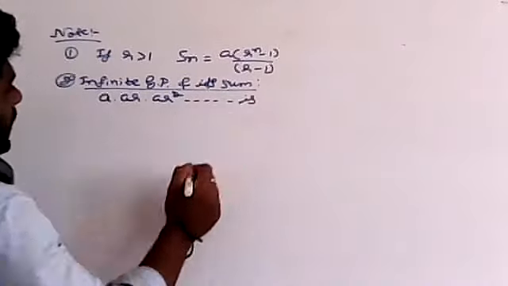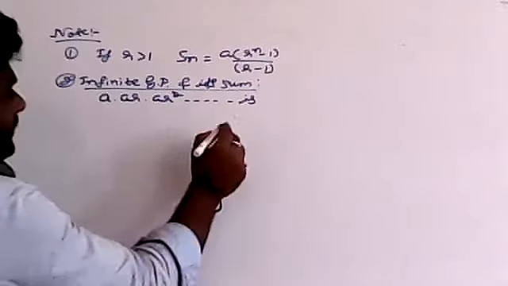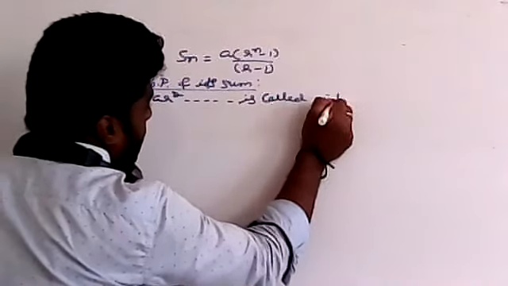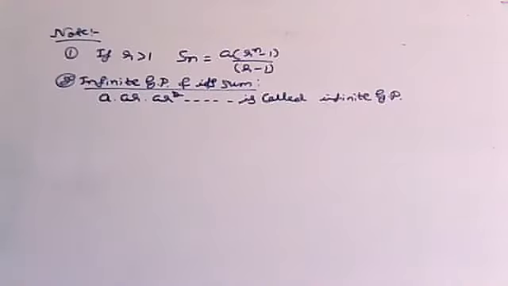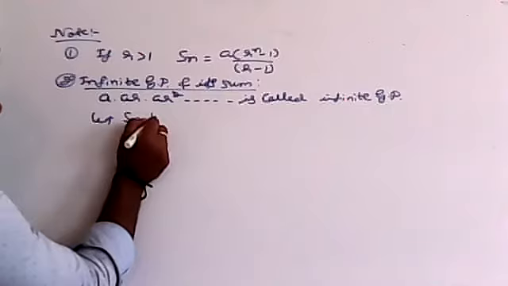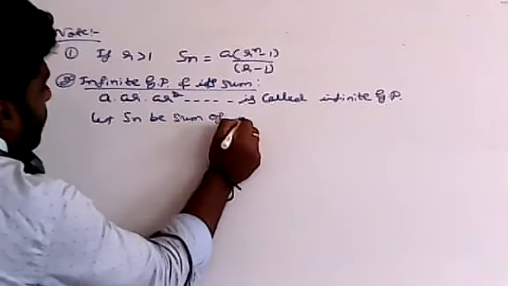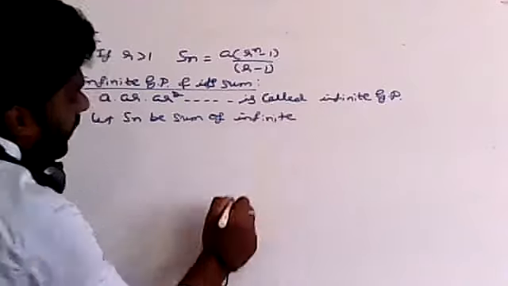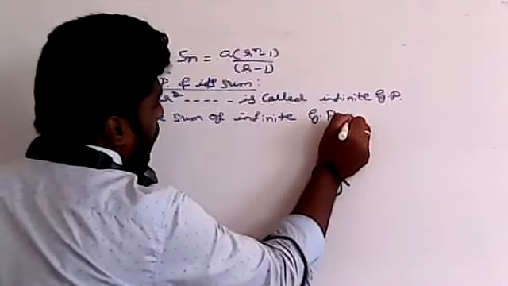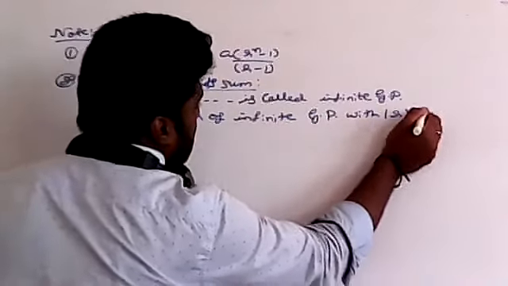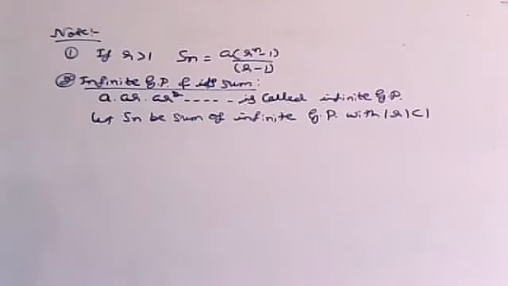So on up to is called an infinite GP, infinite geometric progression. Okay, then see here, let Sn be the sum of an infinite GP with mod of r is less than 1.